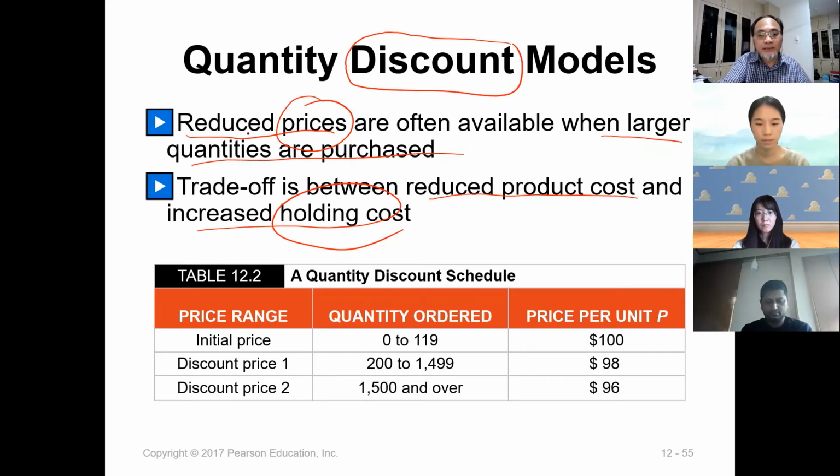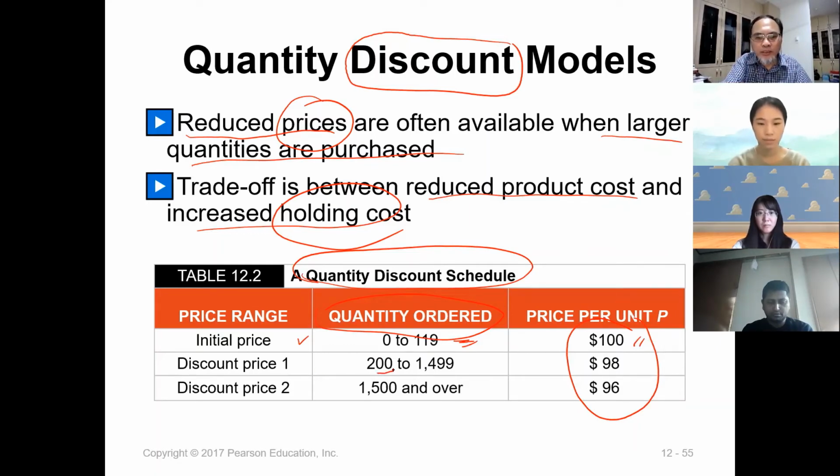So for example, this table shows a quantity discount schedule, meaning the seller is going to give you these prices if you order from this quantity. For example, the initial price for 0 to 119 is $100 per unit.